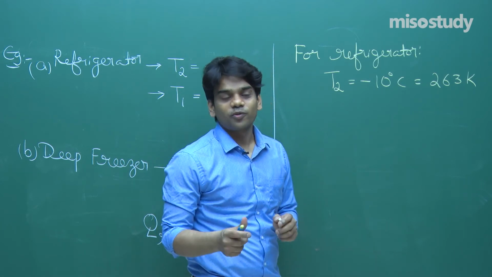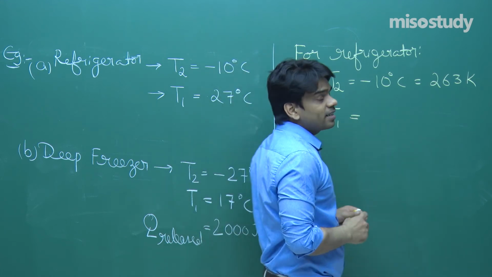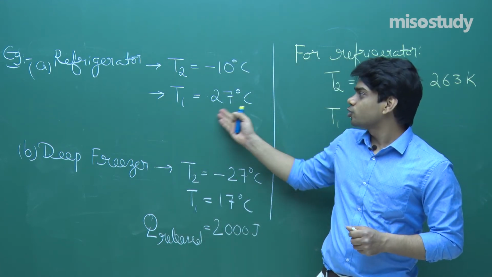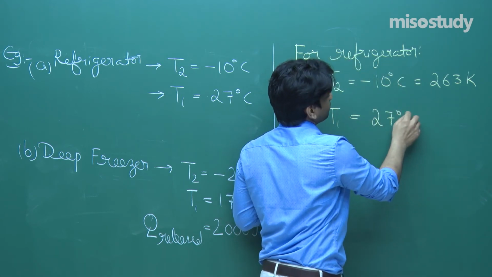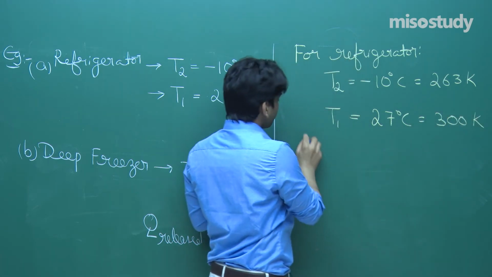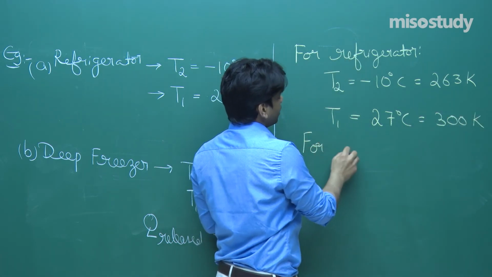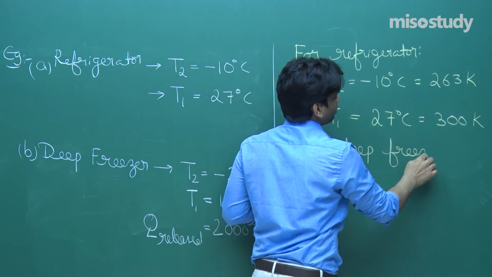Keep the temperature in terms of Kelvin. Next, T1, that is, minus 10 degrees Celsius was the T2, T1 is 27 degrees Celsius. That will turn out to be 300 Kelvin.